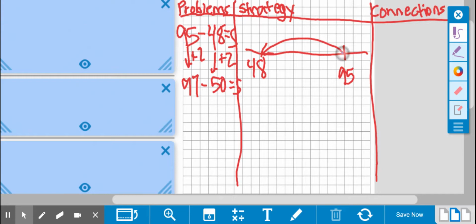So I added 2 to 48 to make it 50, and I added 2 to 95 to make it 97.